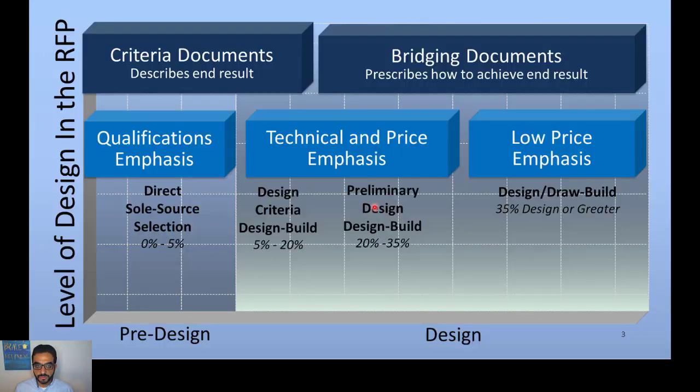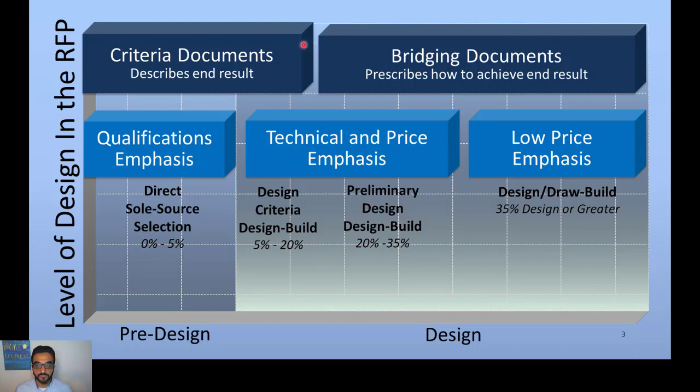So this graph here is really informative because it shows how the definition and development of requirements matches with the level of detail in the design over the different phases of the design, and how these design requirements are typically communicated in design-build projects.